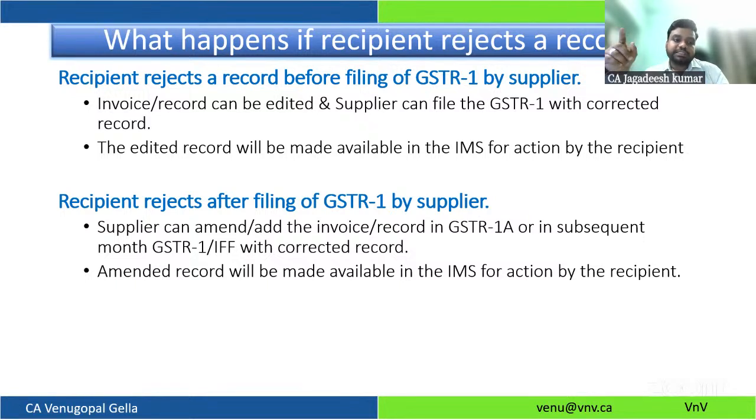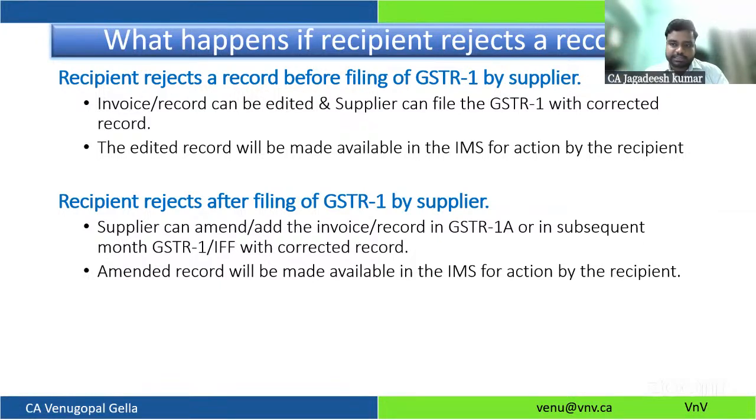Now, the recipient rejects after filing of GSTR 1 by the supplier. So after filing of GSTR 1, what can he do in that case? The supplier can amend or add the invoice or record in the same period or in a subsequent month with the correct record.